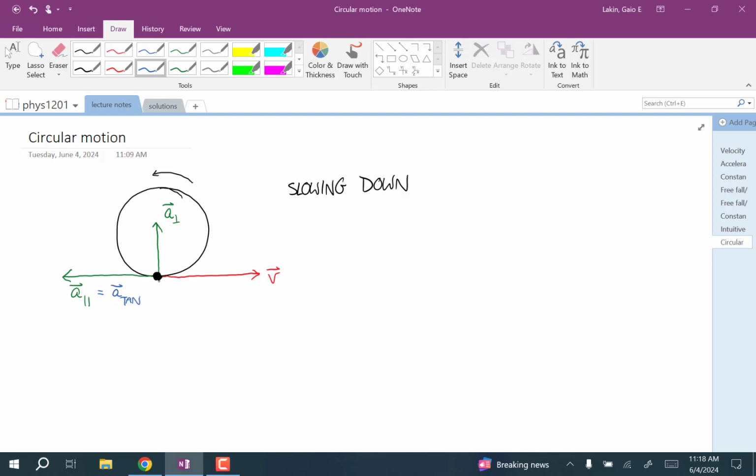Well, that makes sense because that is tangent to the path. And this perpendicular acceleration is called the centripetal acceleration. Well, that makes sense if you know what centripetal means. It means toward the center. No one knows that until they take physics, but both of these make sense. You have one of these accelerations that's toward the center of the circle and one of these that's tangent to the circle.